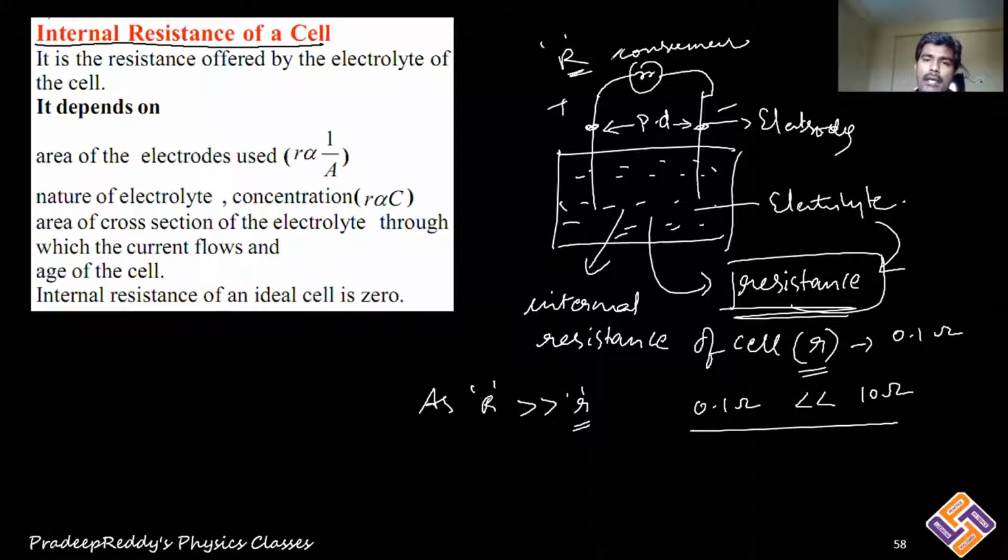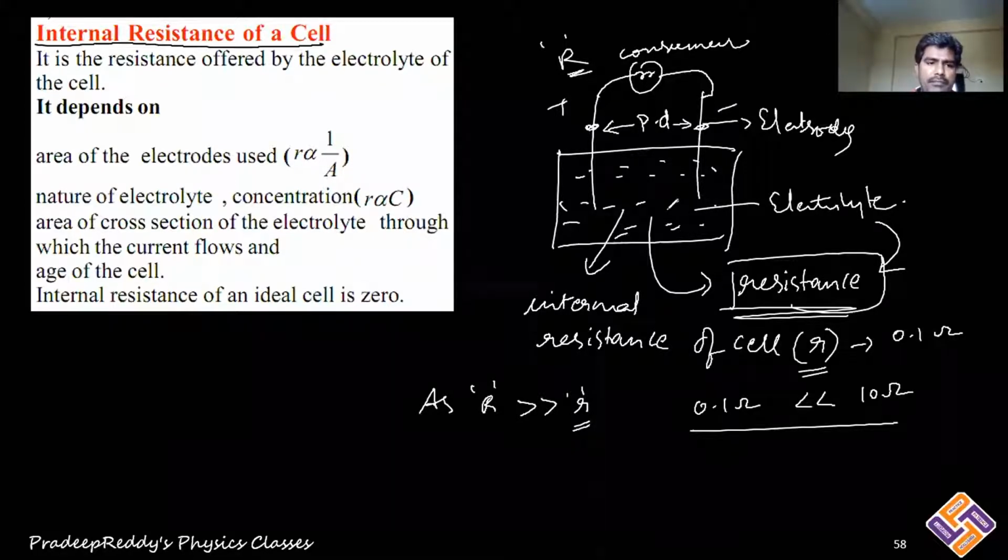Therefore, compared to the external resistance in this circuit, internal resistance does not have a huge impact on the electric current. Therefore, generally, we will be neglecting internal resistance of the cell when dealing with macroscopic properties of the electric circuit. But in some cases, they will mention a cell with internal resistance.